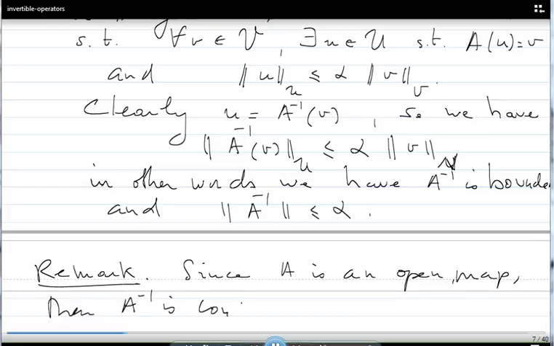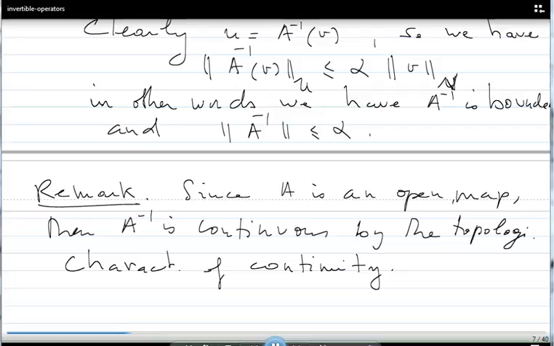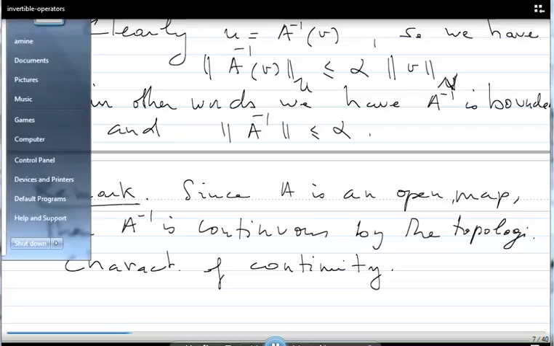So we could have used a direct proof by the topological characterization of continuity. In other words, the inverse image of a closed set is closed and the inverse image of an open set is open. That characterizes continuity on the entire set. So we could have used it, because A is an open map, to show in fact that A inverse is continuous.